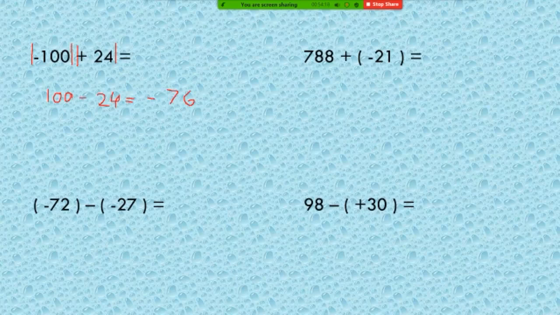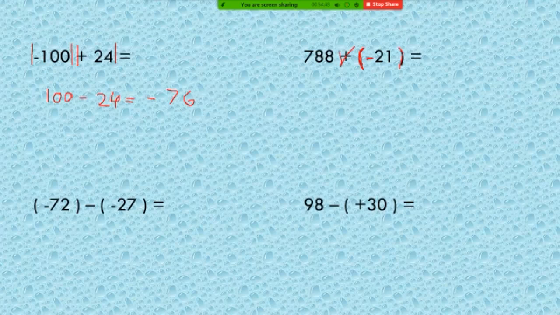Next, 788 plus minus 21. Now if this type of question comes, we have to remember the rules for multiplication as a bracket is given. When different signs of plus and minus are given before and after a bracket, then always the minus sign wins.